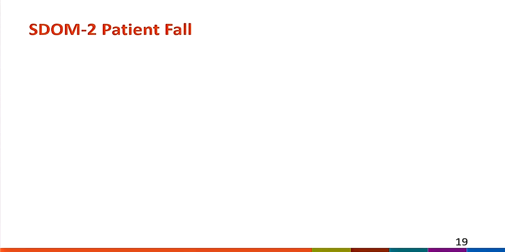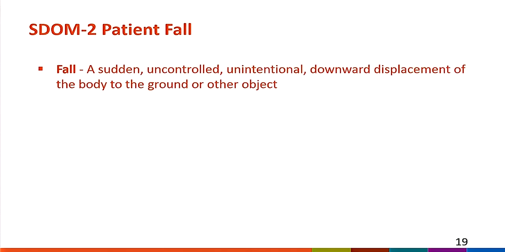The next same-day outcome measure, SDOM-2, patient fall. A fall is defined as a sudden, uncontrolled, unintended downward displacement of the body to the ground or other object. This excludes falls resulting from violent blows or other purposeful actions.